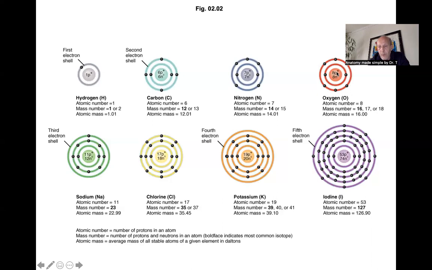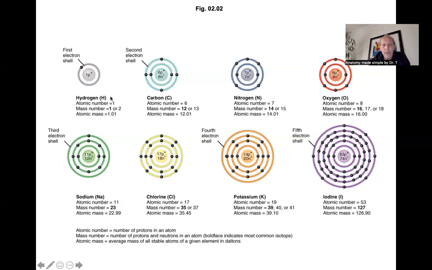Oxygen with 8 protons and 8 neutrons, of course, has to be matched with 8 electrons: 2 in the first, 6 in the second electron shell. Therefore, oxygen is also looking for 2 extra electrons, so it'll gain stability by being part of a molecule.